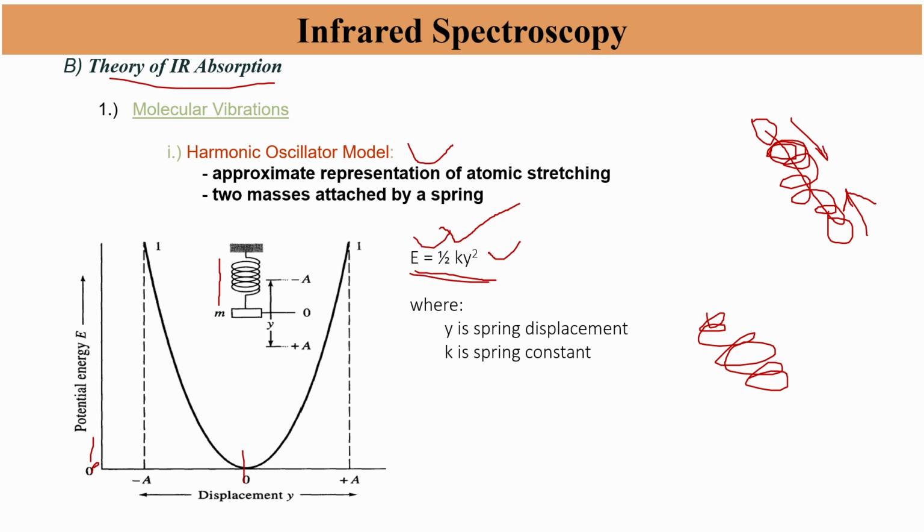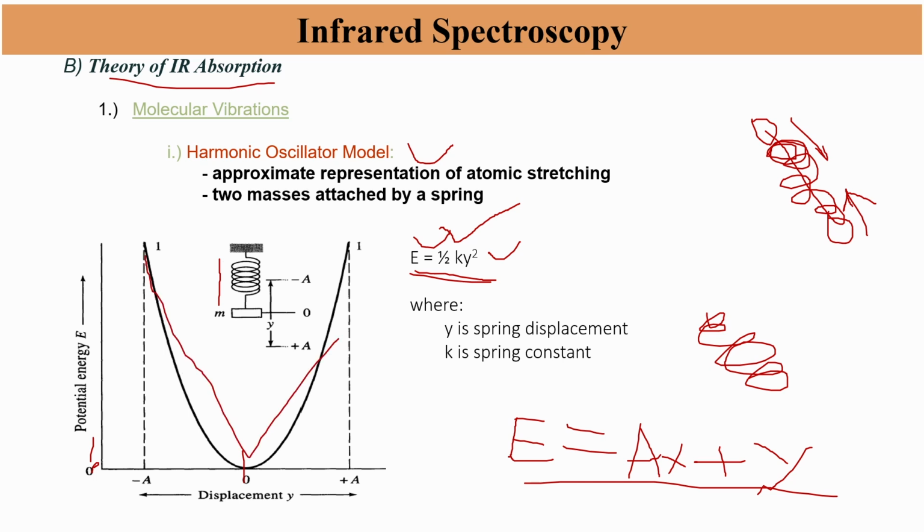This is the equation of a parabola, so the energy stored is not in a linear form. If it were linear, the energy formula would be like E is equal to ax plus y, which is the equation of a line. So the stored energy follows a parabolic path, not a linear path. Keep that in mind. So you will get this type of spectra.